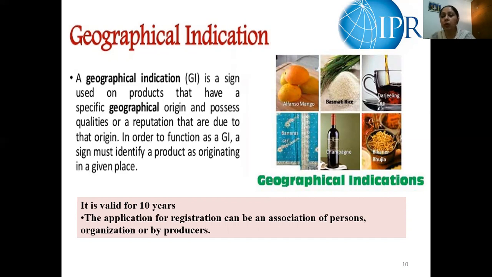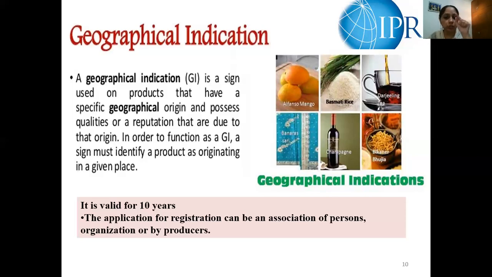Darjeeling tea again tells you about the specific geographical origin. It gives an added quality to the tea. Darjeeling tea, Bikaner. Then we have the Banarasi sari, the Alphonso mango, Kanchipuram sari, right? Swiss cheese or Swiss watches, they have that added geographical indication. They actually help to identify the product's origin, and it adds value to the product. This geographical indication is valid for 10 years.